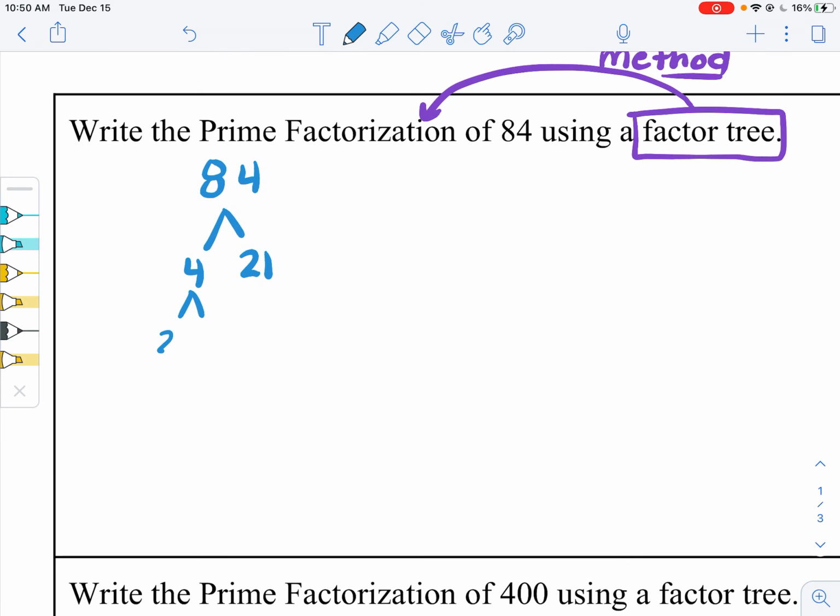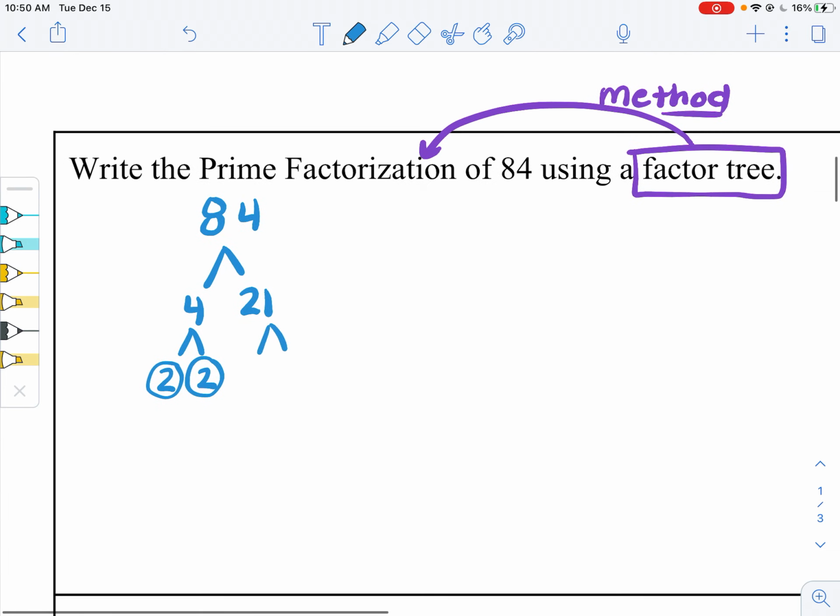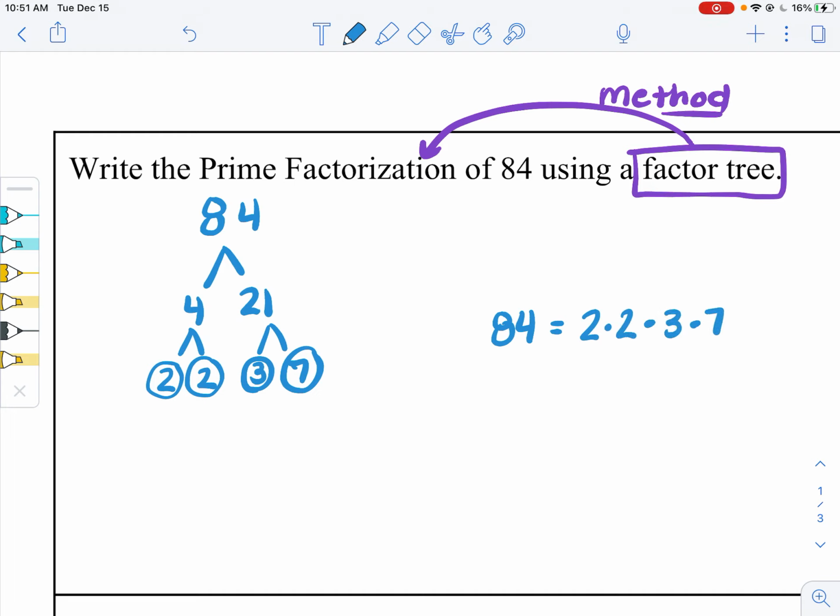And 4 is 2 times 2. And once I get a prime number, I'm going to circle it, just so I know I'm done. And 21 is 3 times 7. Okay? So 84 is made up of 2 times 2 times 3 times 7. That is the prime factorization. This part right here is the prime factorization. I like to add that 84 equals part just to be clear that it is going to equal 84.